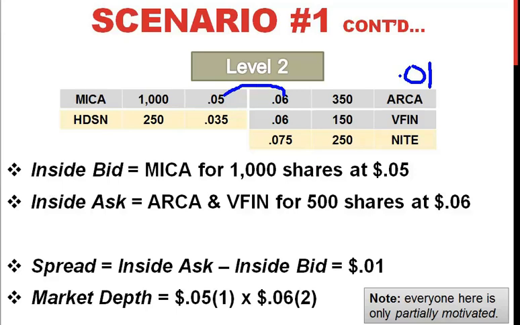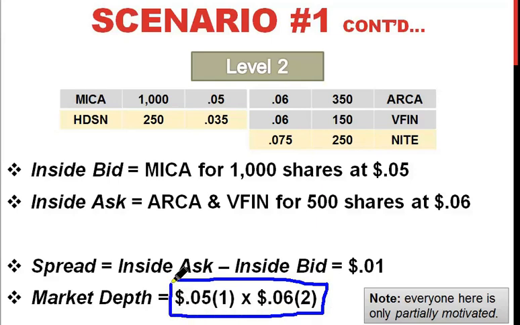And then market depth. If you're somebody that's out on the blogs or message boards or social media, maybe you've seen stuff written like this before and you're thinking, what are they talking about? Well, this is the market depth. That's what it's called. All they're doing is summing up what's going on with the best inside ask and inside bid. Sometimes people will add more levels and layers to it, but in our case, ask yourself, how many people want to buy at 5 cents?